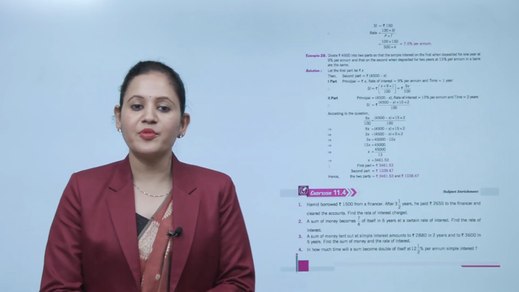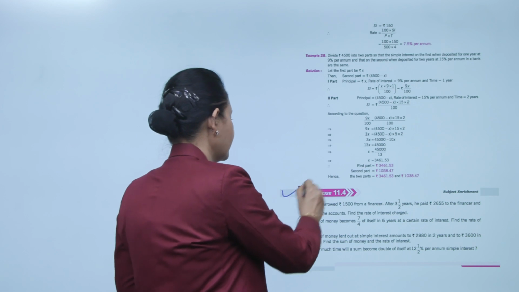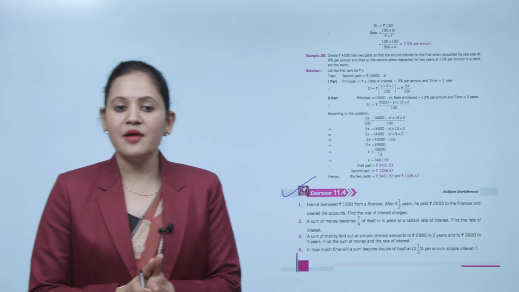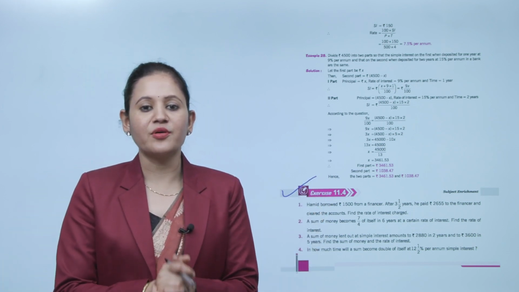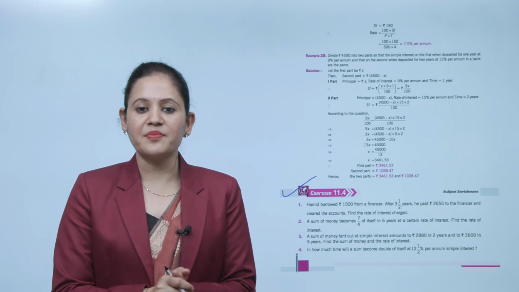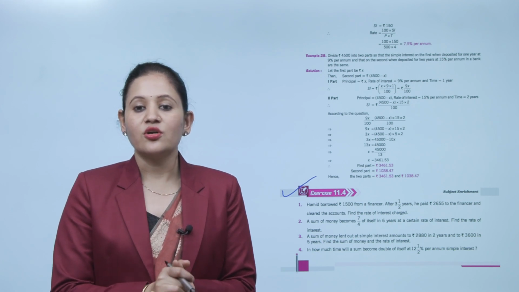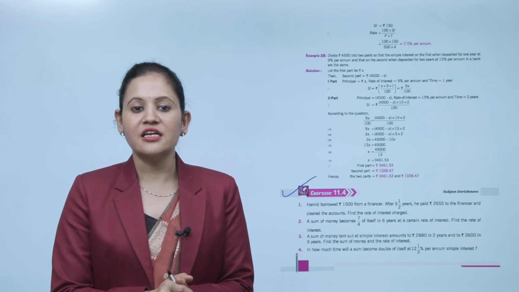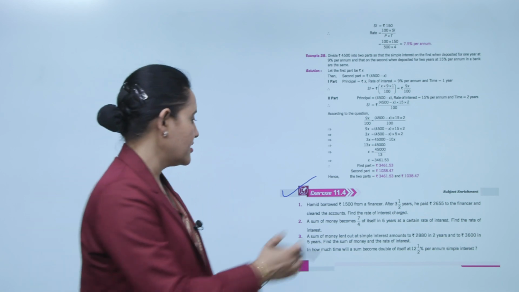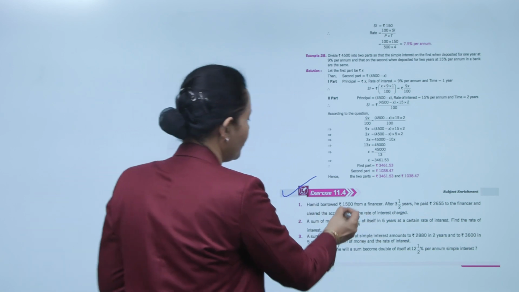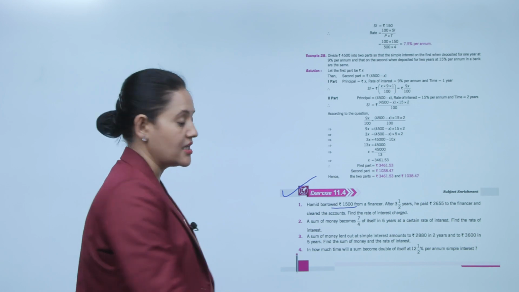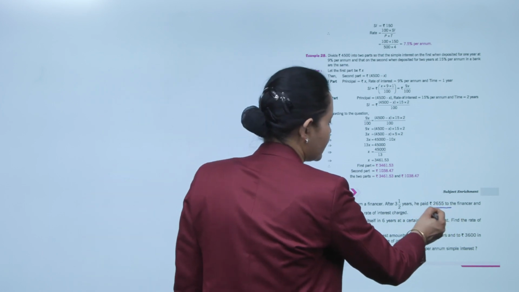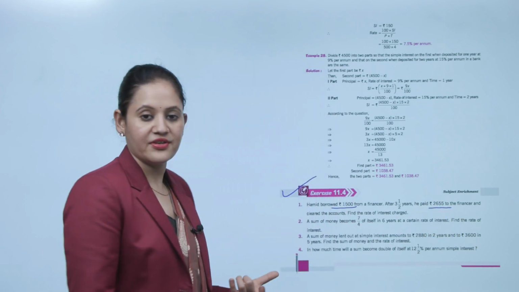Next is exercise 11.4. Hamid borrowed rupees 1,500 from the financier. After 3 1/2 years, he paid 2,655 to the financier and cleared the account. Find the rate of interest. How much was charged? So he borrowed 1,500 rupees and paid 2,655.